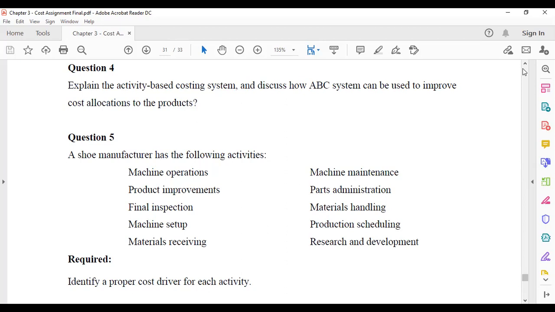In such an instance, if you simply rely on a simple cost driver, or what we call an entity-wide cost driver, the negative thing that can happen is that it's going to distort the product cost. It's definitely going to distort the product cost.